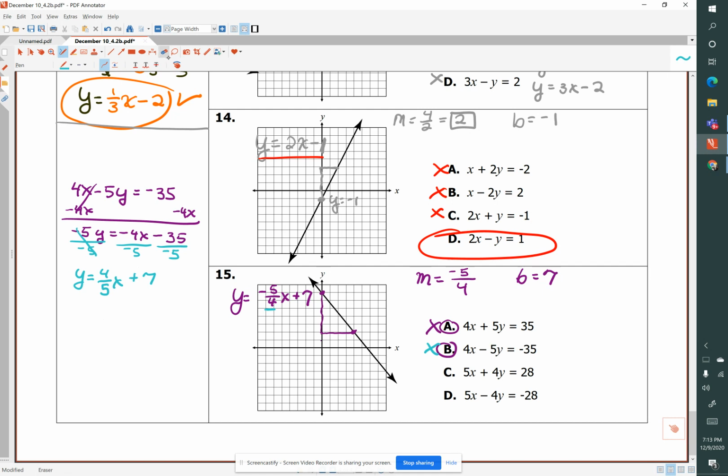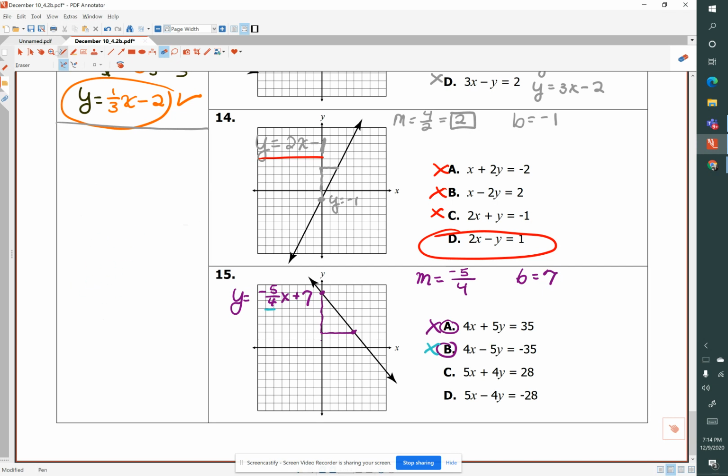So let's go ahead and we'll erase this and we'll try C. Okay, C. 5x plus 4y equals 28. So first thing we do is subtract 5x from both sides, which will give us 4y equals negative 5x plus 28.